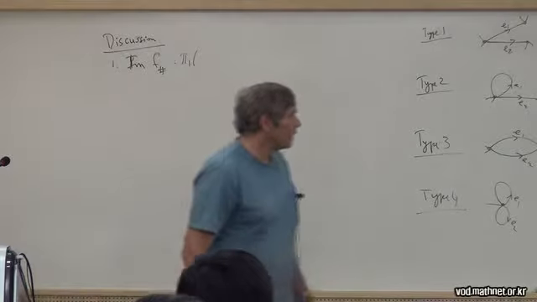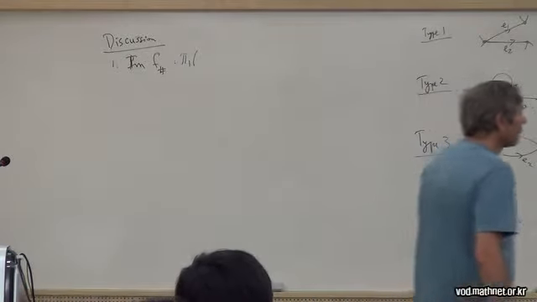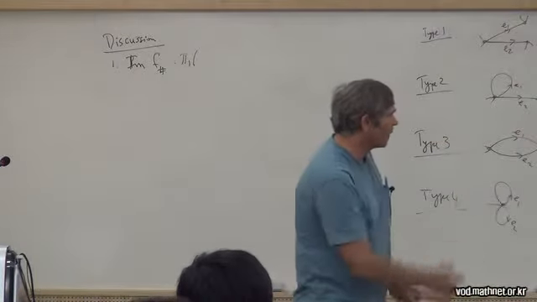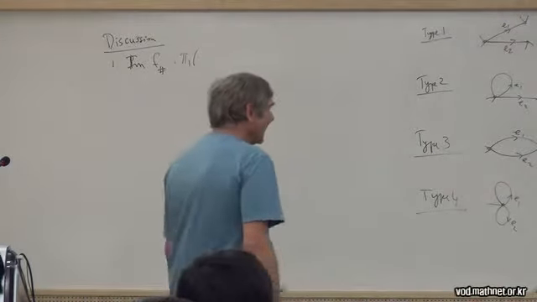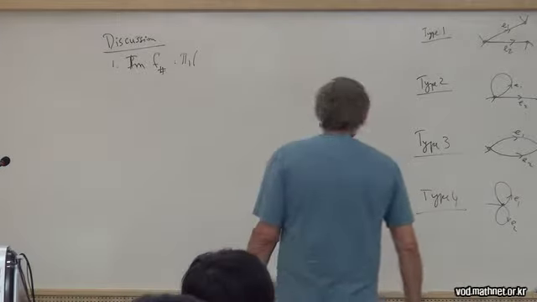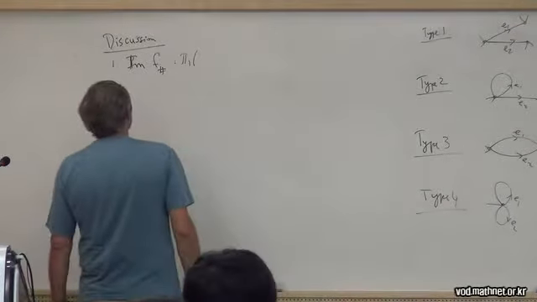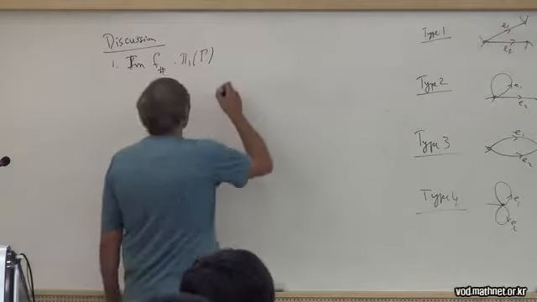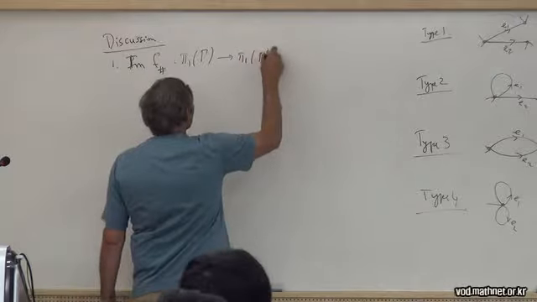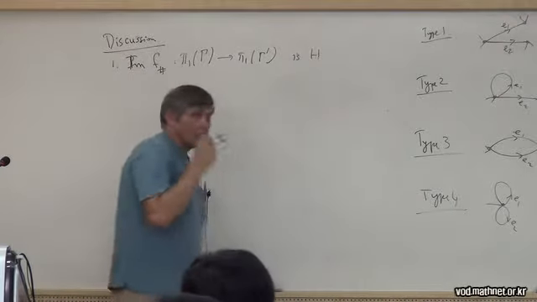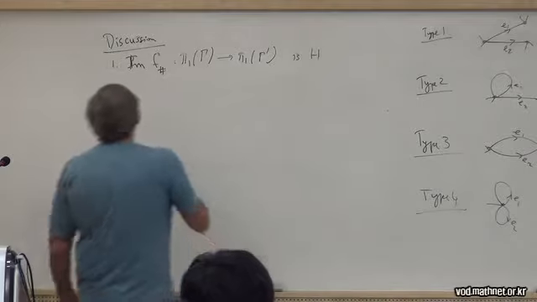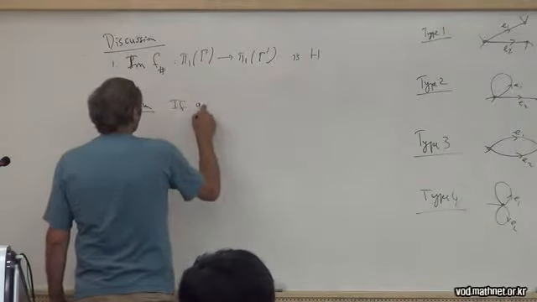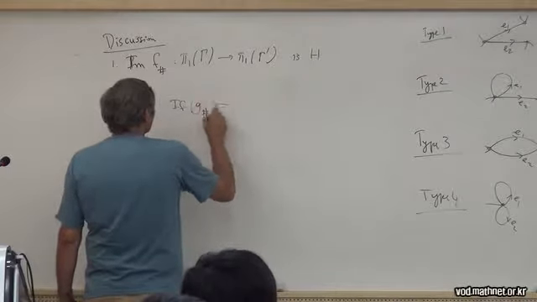My Greek letters are not all that great, so everything is a gamma. So the image of F sharp from pi 1 of gamma, and maybe I'll suppress the base point, to pi 1 of gamma prime is H. This is by definition. But I claim that this is the same. So I claim the image of G sharp is also equal to H.